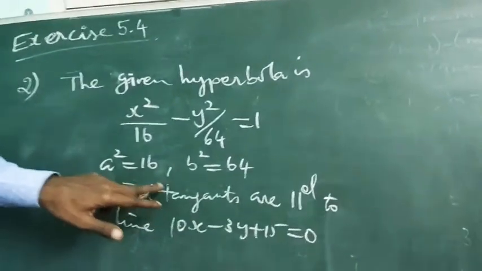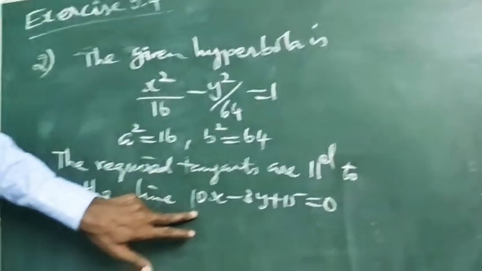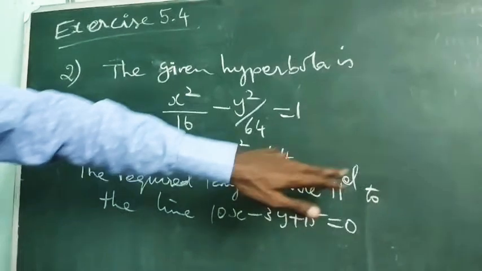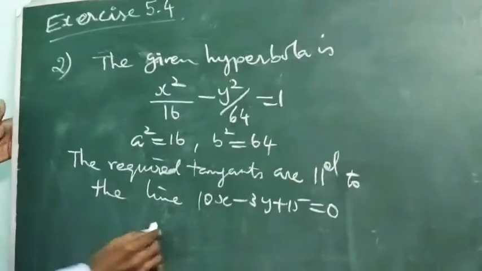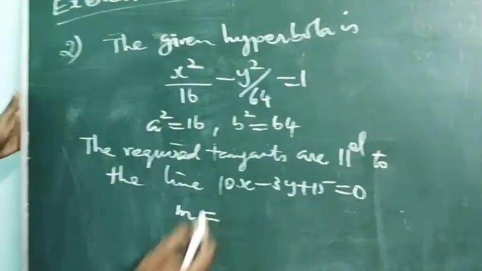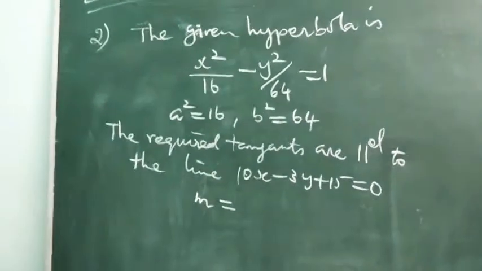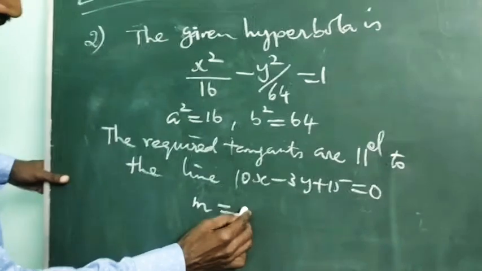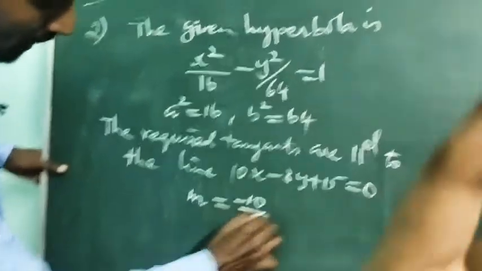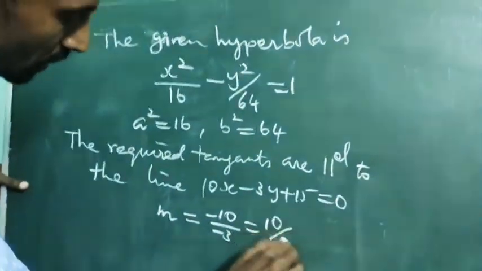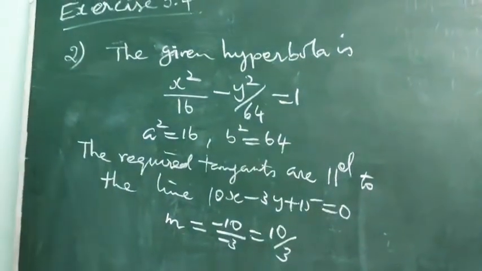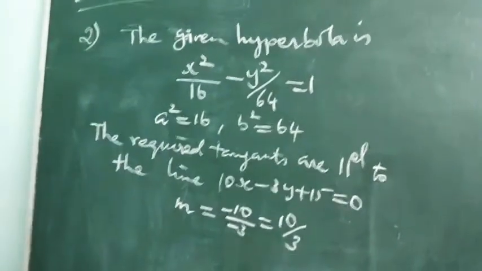The slope of the required tangents and slope of the given line are equal because they are parallel. So the slope m, how can we get it? Minus coefficient of x by coefficient of y. So minus 10 by minus 3, that is 10 by 3. So we are getting the slope of the required tangent directly, 10 by 3.